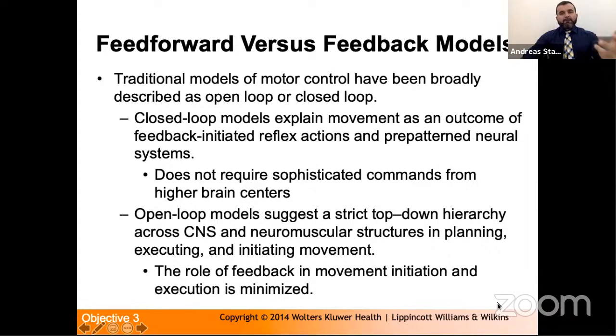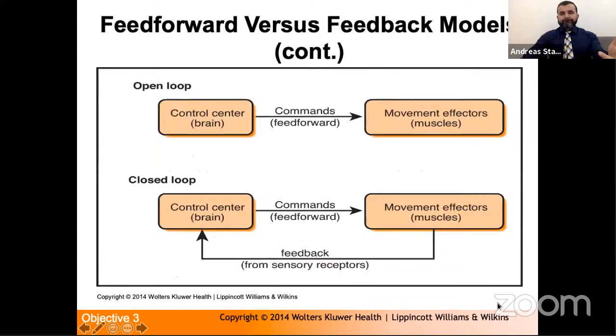Feedback is more important in the closed loop models. This is exactly what we talk about: brain to muscles, feed forward, open loop, with minimal feedback. Closed loop, yes, control center, the brain again, muscles again, sure, but then we'll have feedback. So it loops back, and we'll have that kind of direction of information and movement.